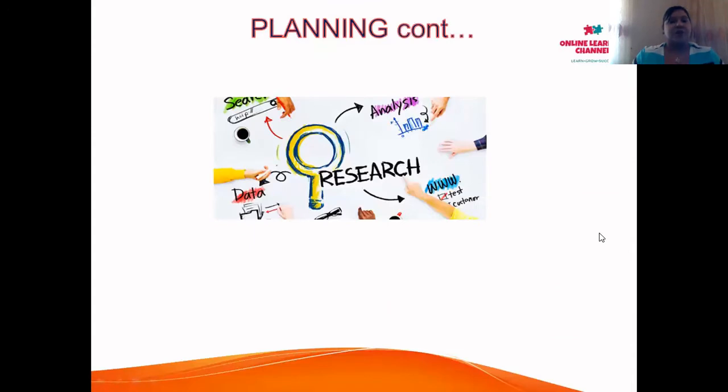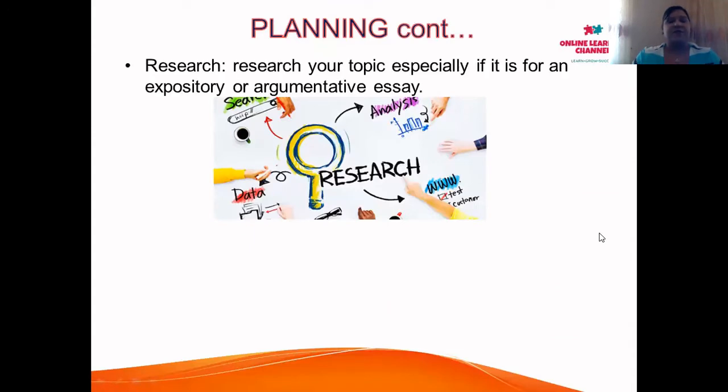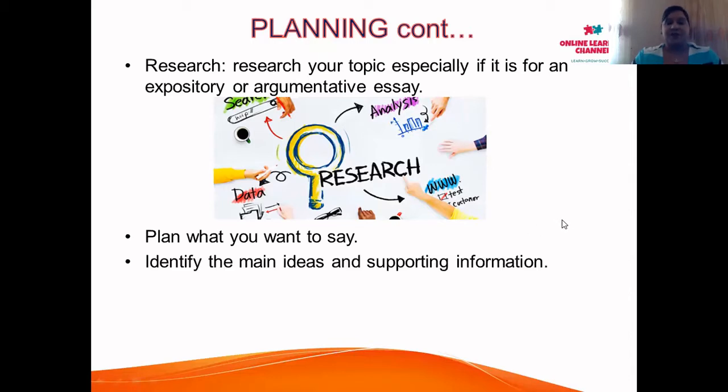The other very important element is research. If you're going to do an essay topic on argumentative or expository essays, which you will be getting later on this term, you need to do research, lots and lots of research. And you also have to plan what you want to say. Now, for your research, you go to Google, use social media, go to the library, depending on what topic it is.